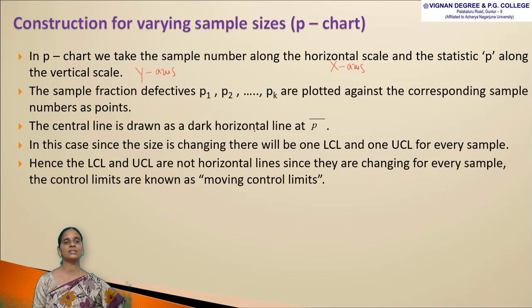The central line is drawn as a dark horizontal line at P bar. In this case, since the size is changing, there will be one LCL point and one UCL point for every sample. Hence, the lower and upper control limits are not horizontal lines since they change for every sample. Then the control limits are known as moving control limits.